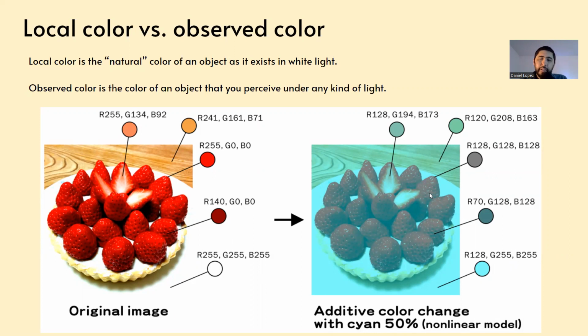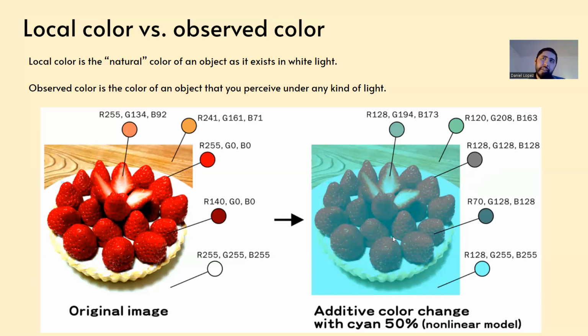The observed color is different, because we call that local color, and the observed color is what we perceive. So we know strawberries are red, right? But when we put this cyan filter on top of it, the colors here are actually gray, which really messes with our minds because we can still see this as red, right?